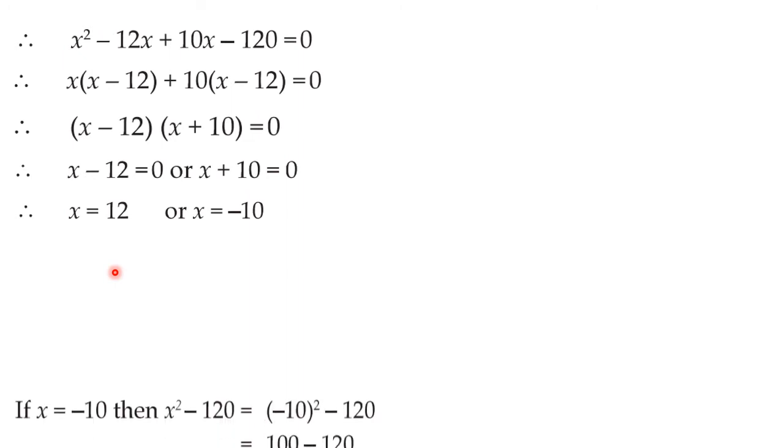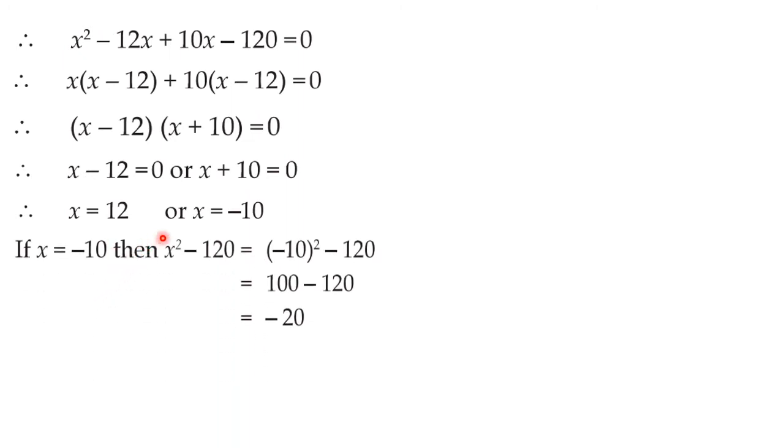So we have to find the square of the smaller number that we have used. Okay. So let us find the square of the smaller number in case of x is equal to minus 10. If we take x is equal to minus 10, then the square of the smaller number, which is x square minus 120, is going to become minus 10 square minus 120, that is 100 minus 120 is equal to minus 20.